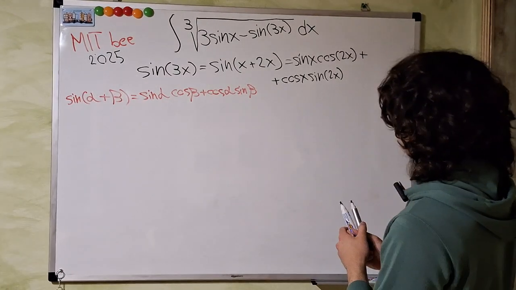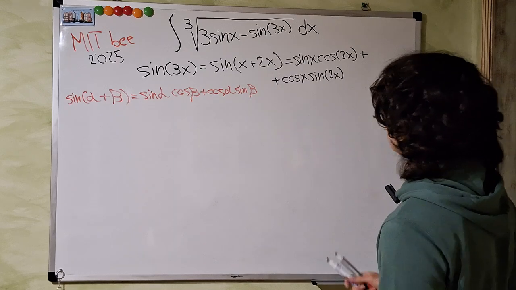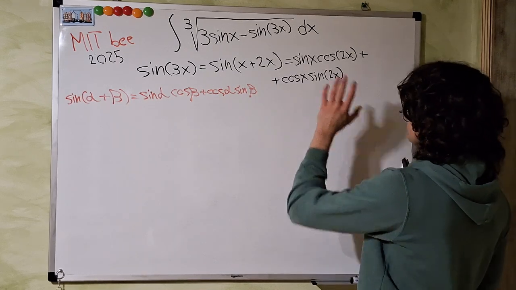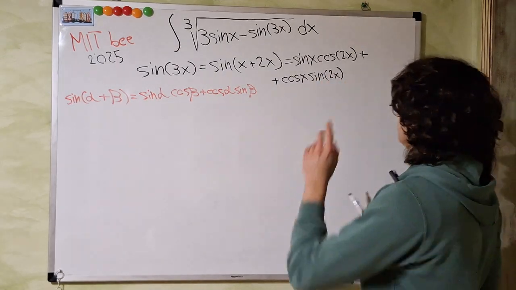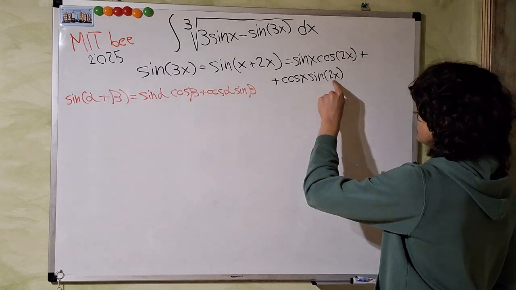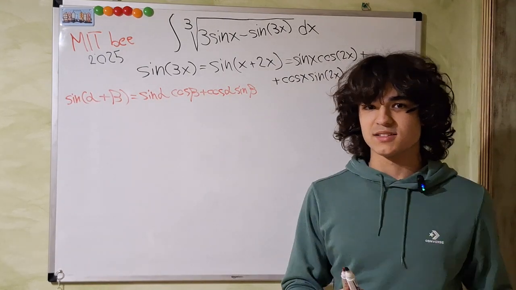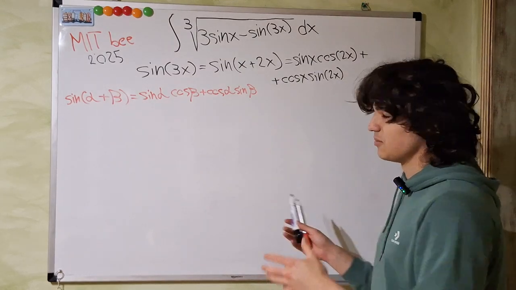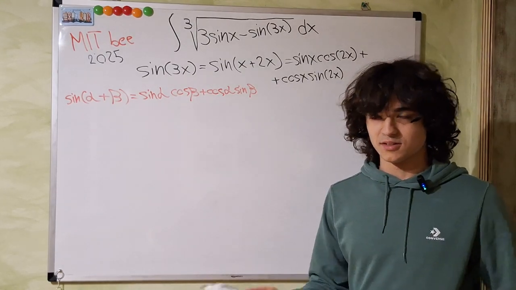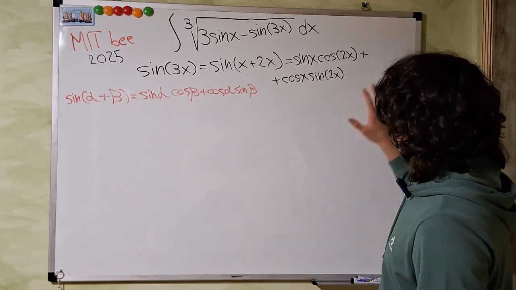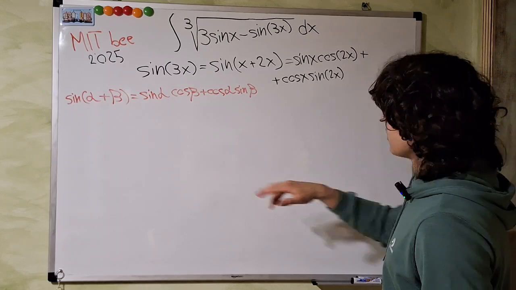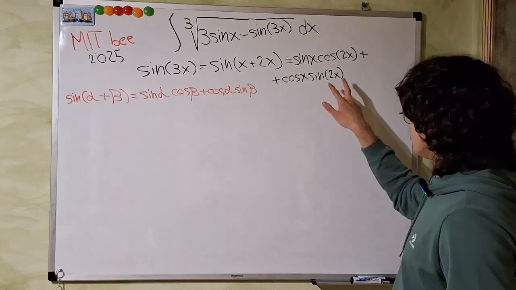And okay, now I'm using all the whiteboard because it's not easy to see what's happening if we write it in this way. But we can still simplify further, because we still have a 2x here and a 2x inside of the sine function. We don't want that. We just want x's as an argument for the various sine and cosine functions. So we can still simplify further. We can apply this formula twice.